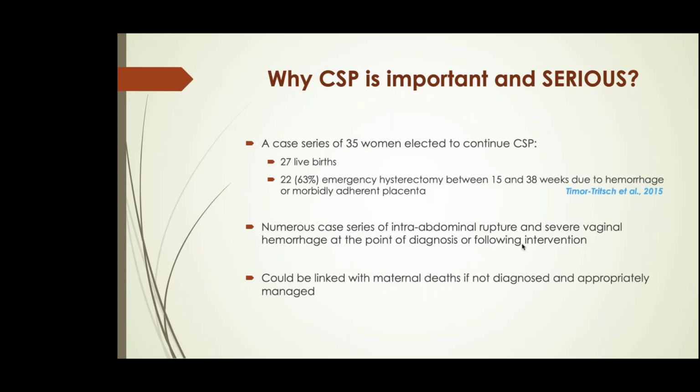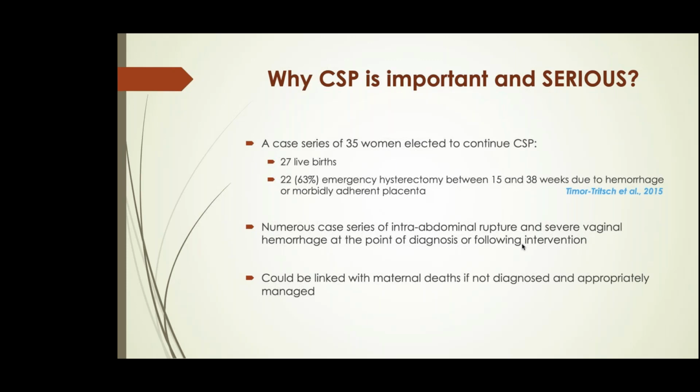So why is it a serious problem? Can we continue pregnancy as if nothing happened, as if it is normal? The answer is no, because there was a case series of 35 women who elected to continue pregnancy with cesarean section scar. What happened to them?